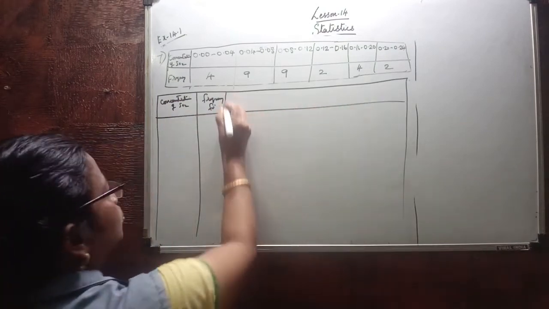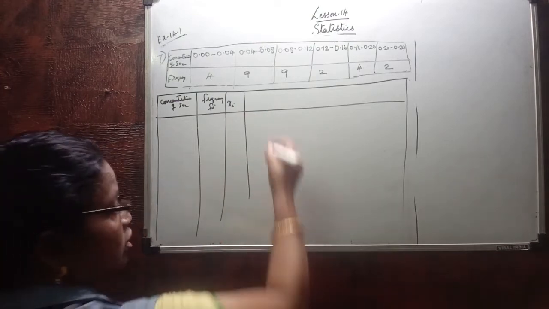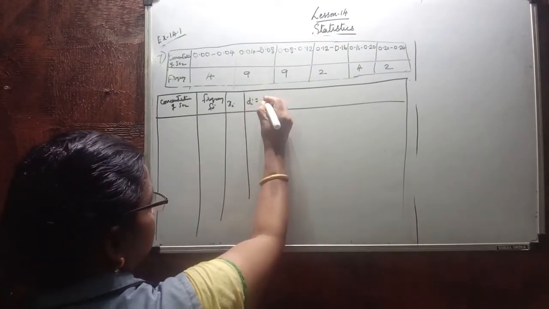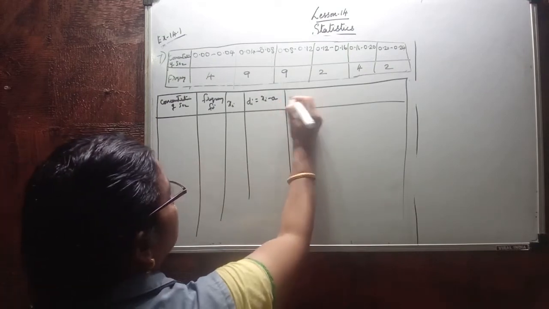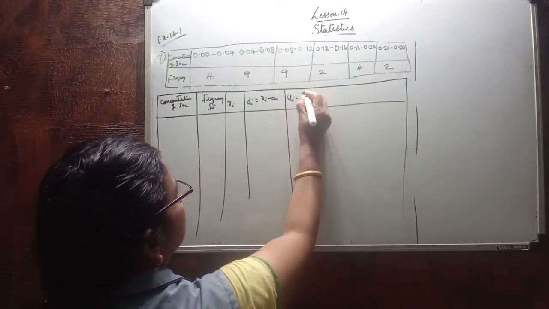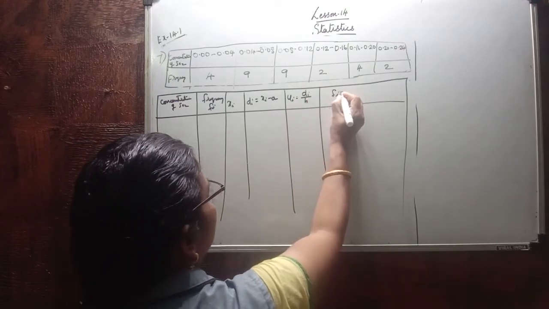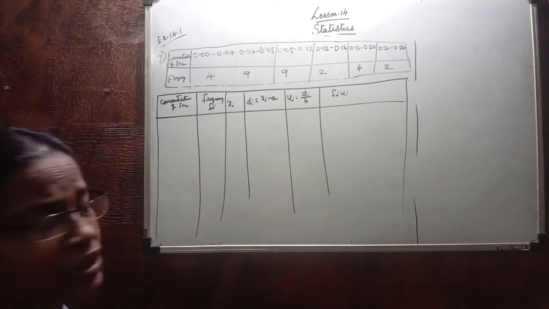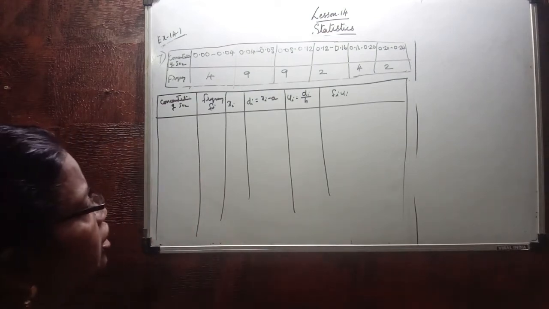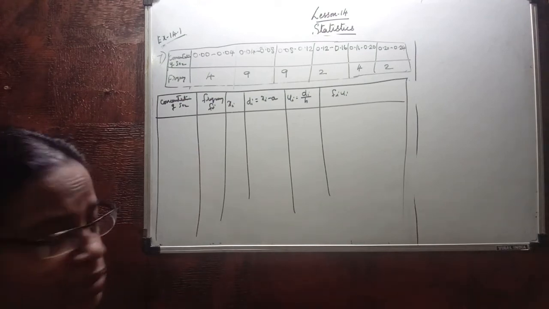The next one you know is Xi. After that, Di is equal to Xi minus A. The next one is Ui is equal to Di by H. And the next one is Fi Ui. Right? You can use any method. So you do the step deviation method and we'll find out which easier method you prefer.